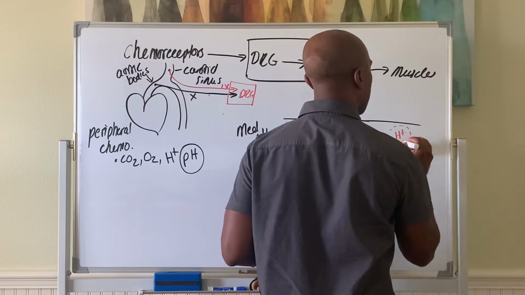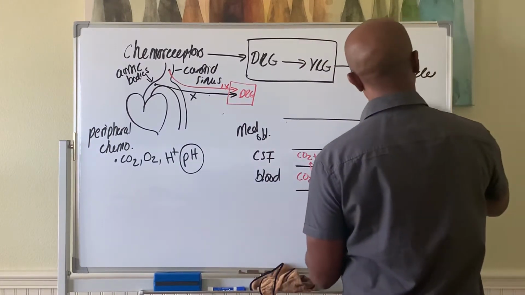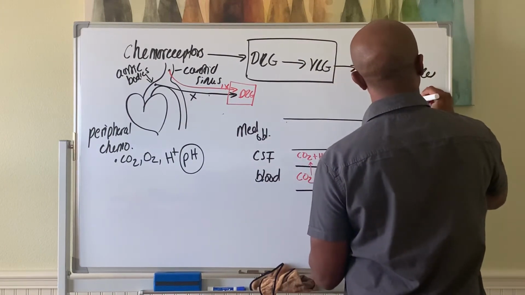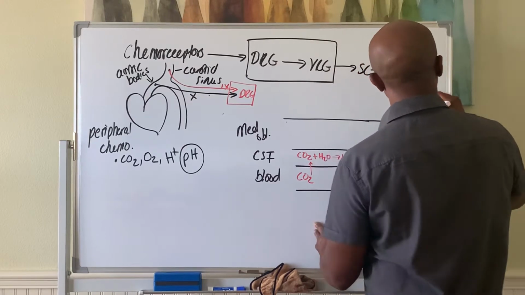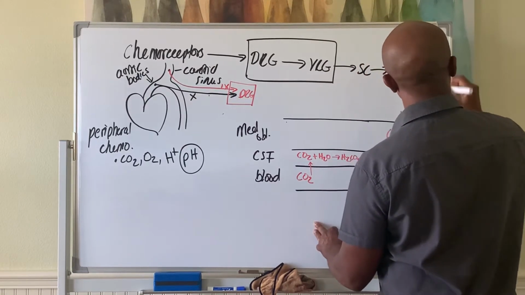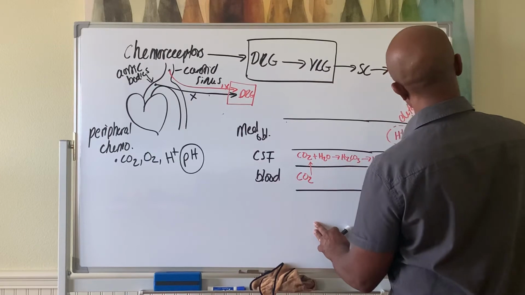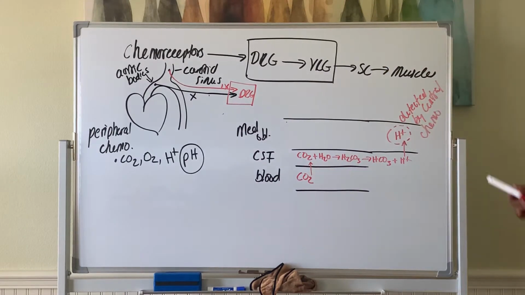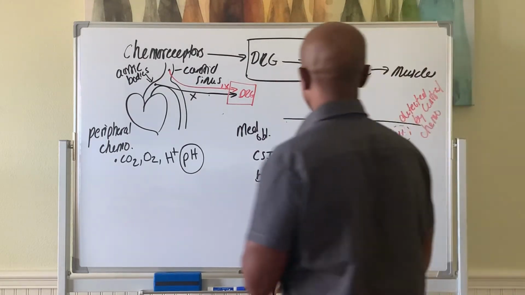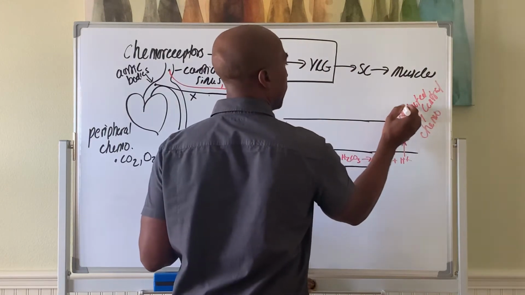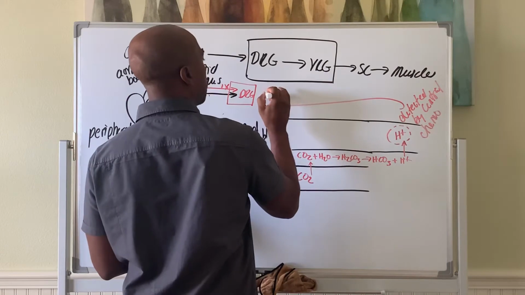So once it's in the medulla, it's then detected by your central chemoreceptors. And then these central chemoreceptors would also relay it into the DRG. So from here, it gets relayed as well into the DRG.